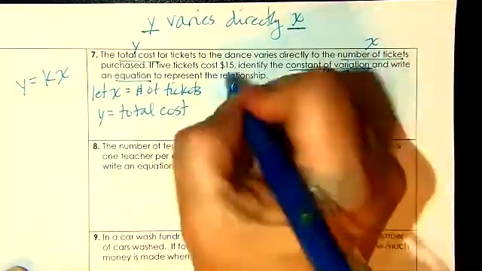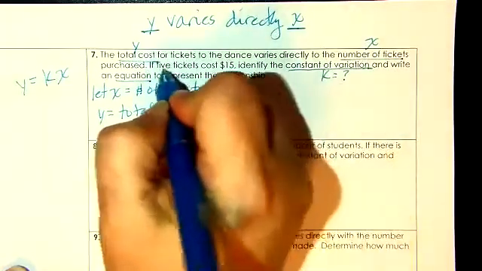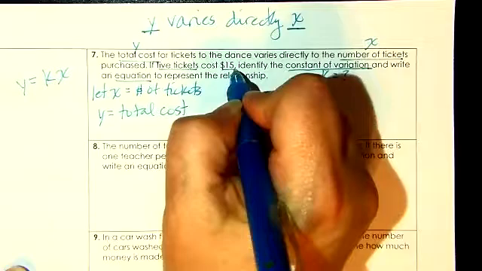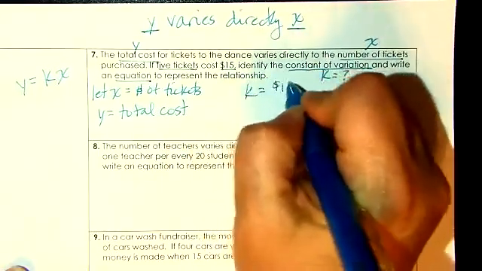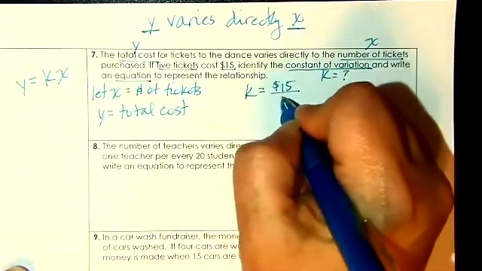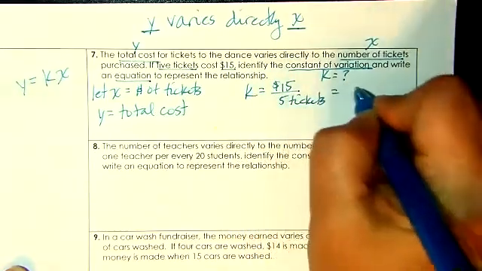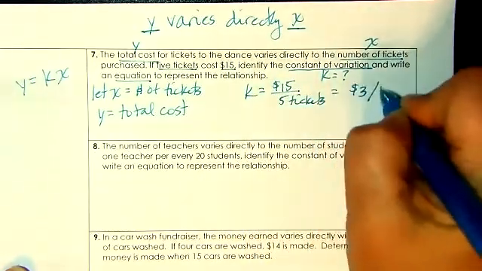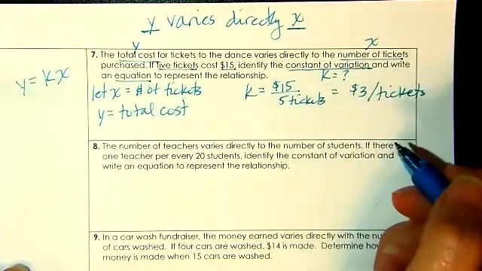So to find the K, remember, I've got to figure out, okay, where is it talking about? So I've got 5 tickets, cost $15. So to find the K, I'm going to have the $15 over the 5 tickets, which is going to give me $3 per ticket. So I have that K equals 3.